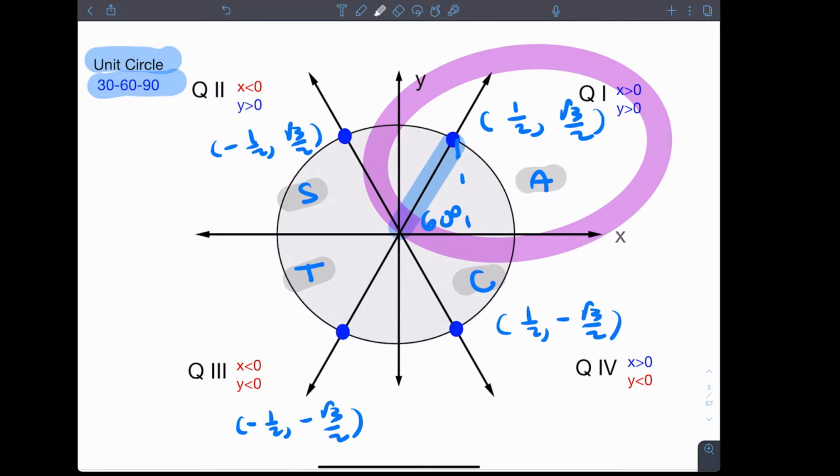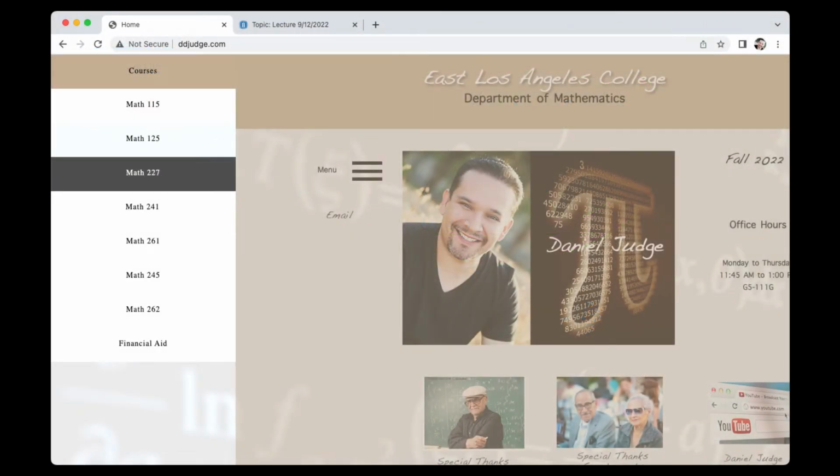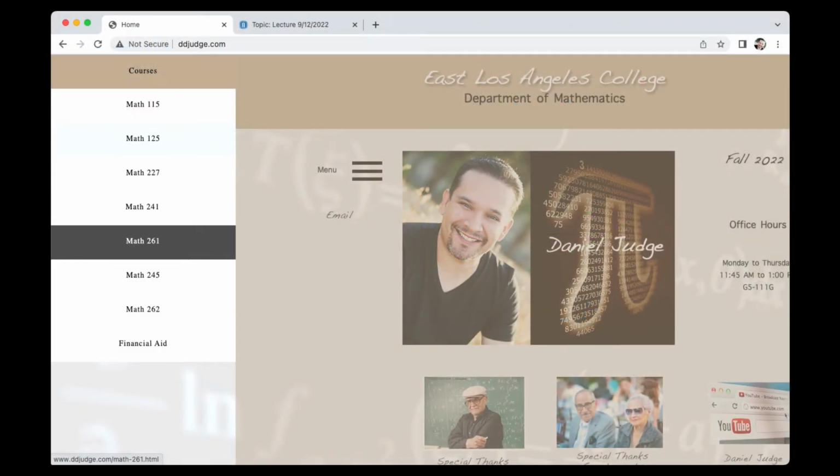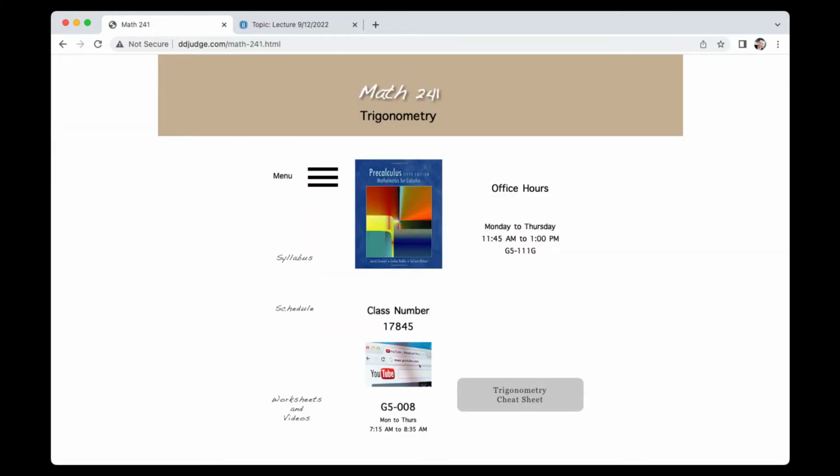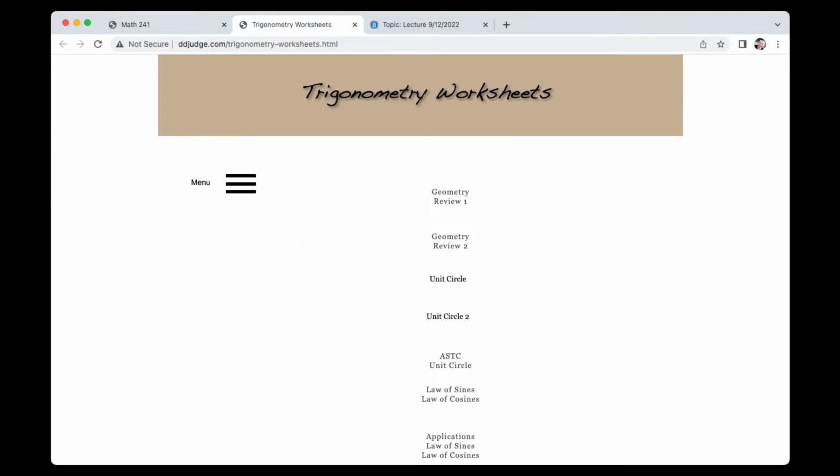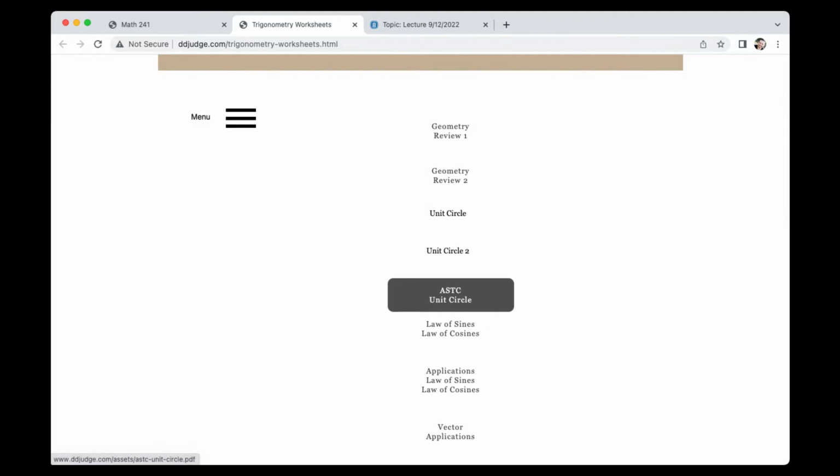Let me see if there's another worksheet. So if I said to you guys, let me go to my website. Go to this website here, and okay, we're in trigonometry. Math 241, worksheets and videos. All students take calculus unit circle?